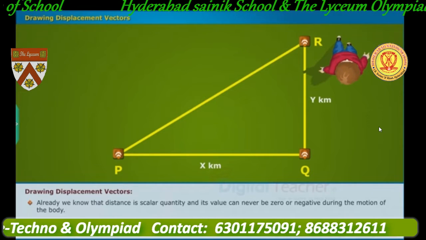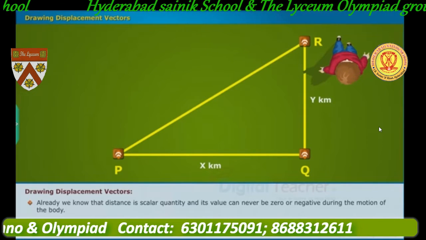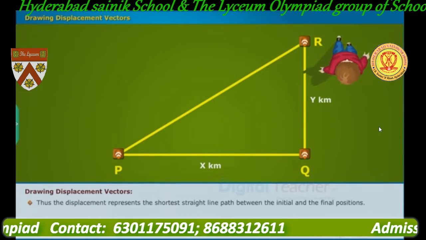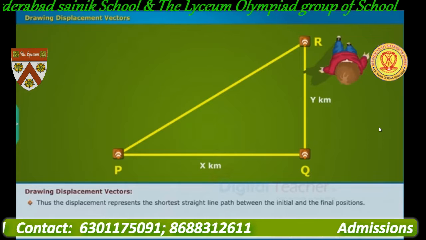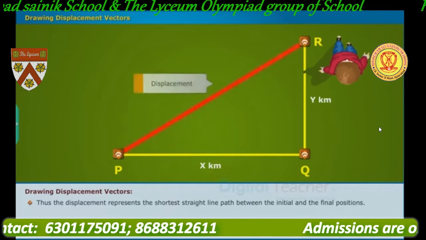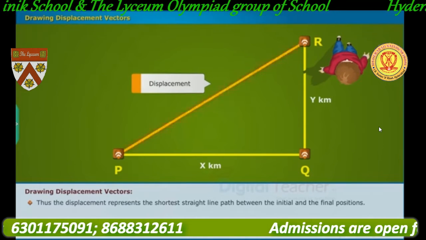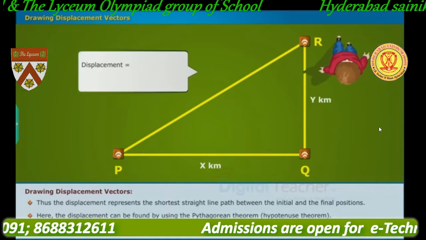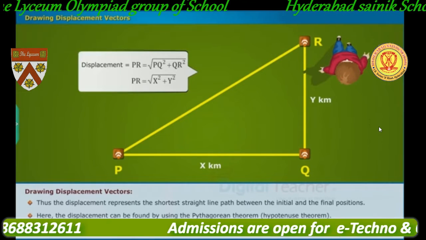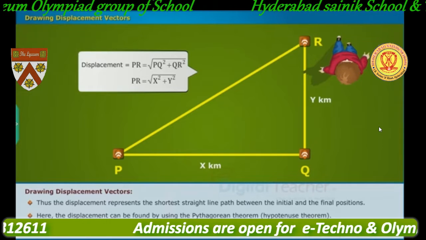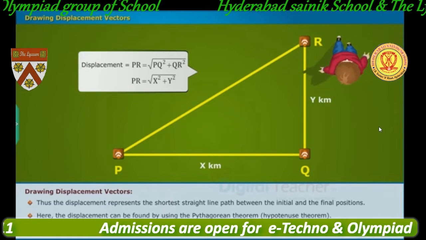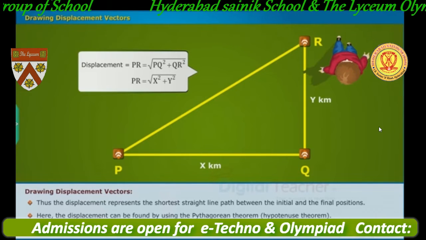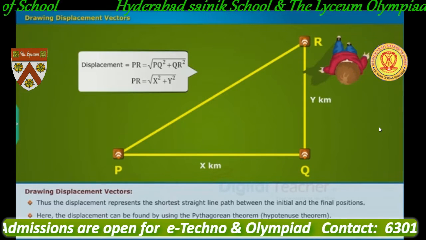The length of the straight line PR is the displacement from P to R. Thus, the displacement represents the shortest straight line path between the initial and the final positions. Here, the displacement can be found by using the Pythagorean theorem or hypotenuse theorem. Displacement is a vector quantity and it can be positive or negative or zero.